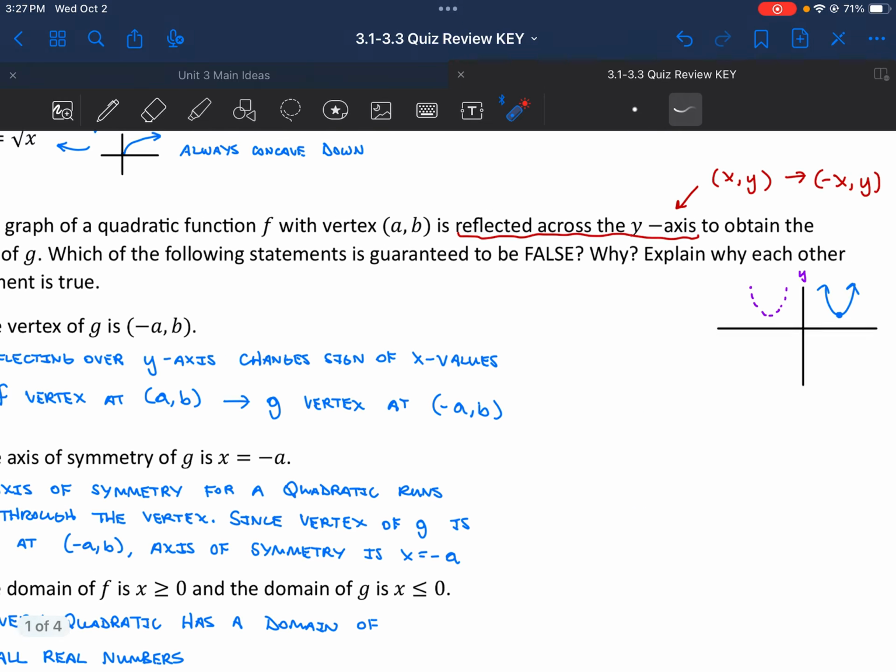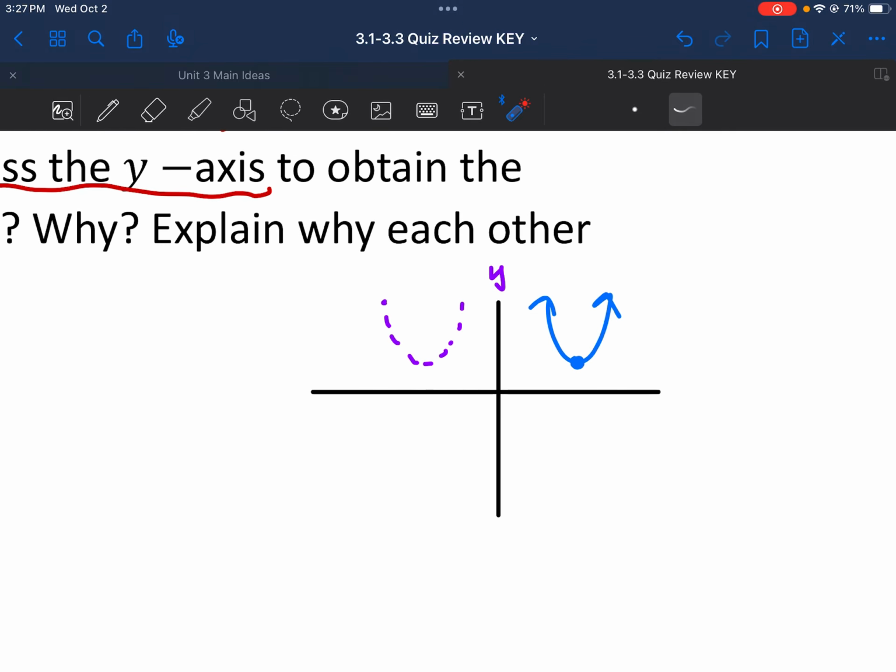The axis of symmetry of G is x equals negative a. This is also true. An axis of symmetry is an invisible line that basically cuts your quadratic in half. Let's say, for example, that this quadratic's vertex was positive 5, positive 1. Then the axis of symmetry, this invisible line that runs through the middle of the quadratic, would be x equals 5.